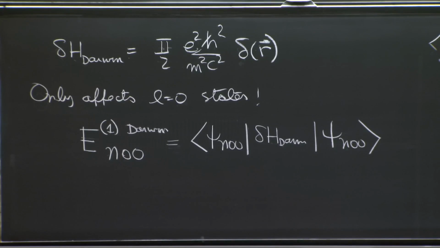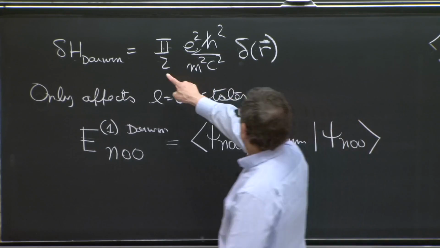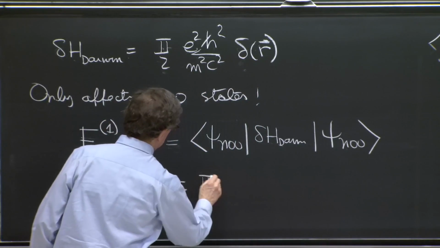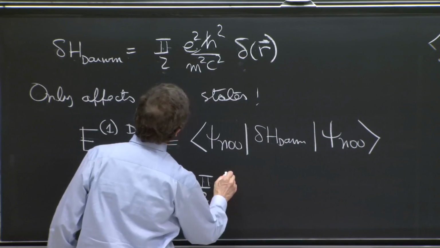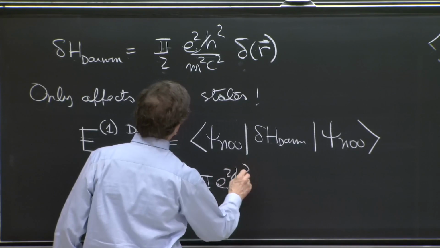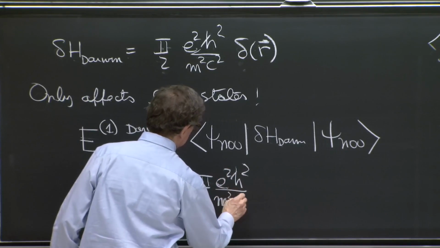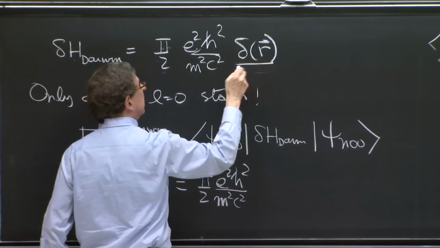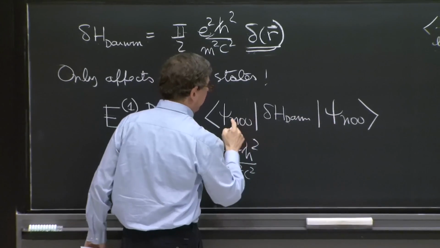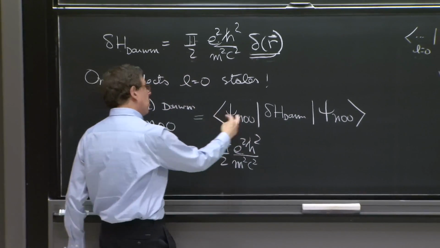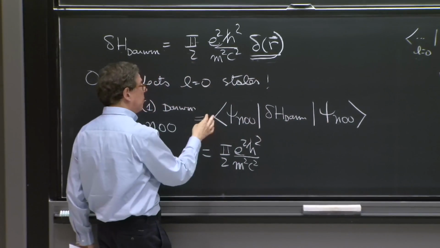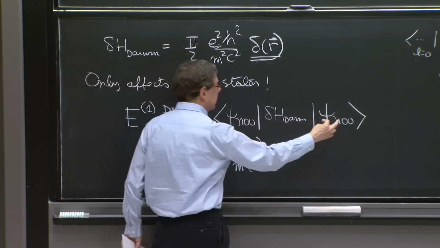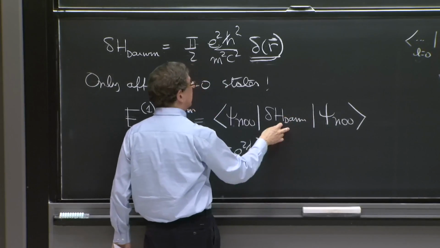So what is this? We have this expression for delta H Darwin, so let's put it here, pi over 2 E squared H squared over m squared C squared. And this will pick up the values of the wave functions, which this overlap means integral over all of space of this wave function, complex conjugated, this wave function, and delta H Darwin.